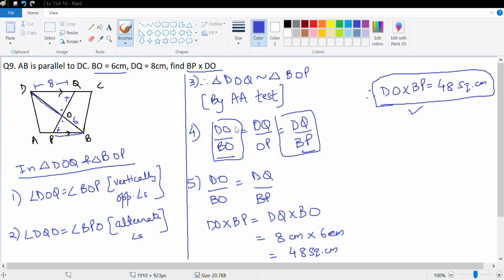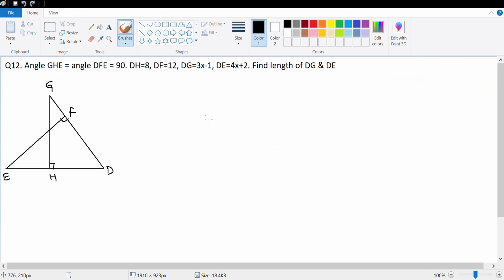The next one that we are doing is question number 12. So question number 12 says, in the given triangle, GHE is 90, DFE is also 90, DH is equal to 8. So DH is 8 units. As per the question, no units are given.